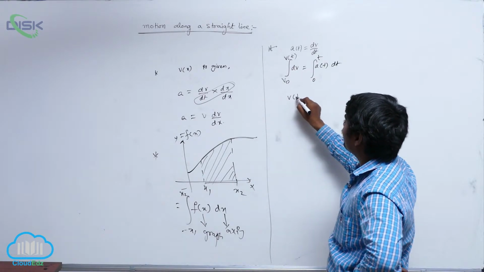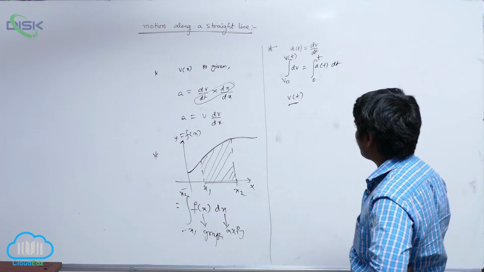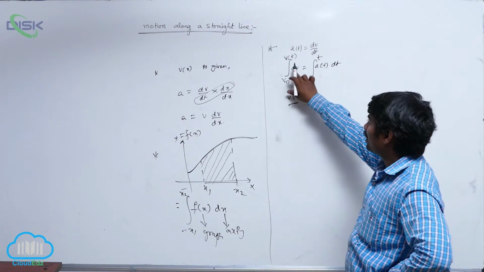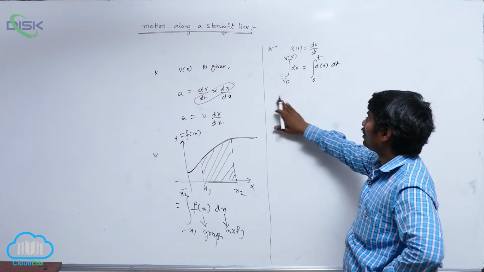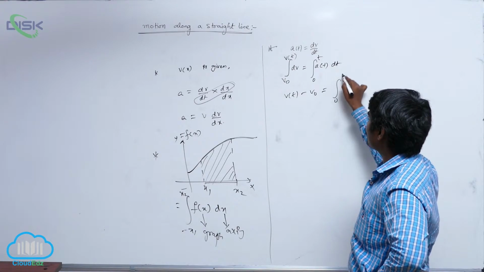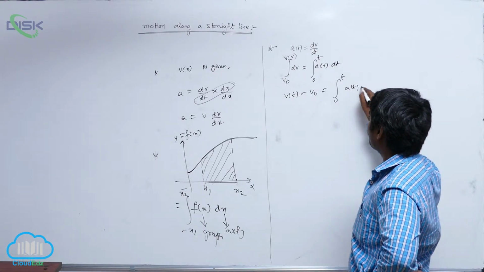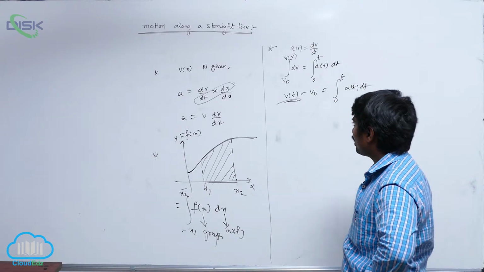So you will be calculating velocity as a function of t. Integration of dv is v, so you substitute limits, that is v of t minus v0 is equal to integration 0 to t a of t dt. So you will be getting velocity as a function of time t.